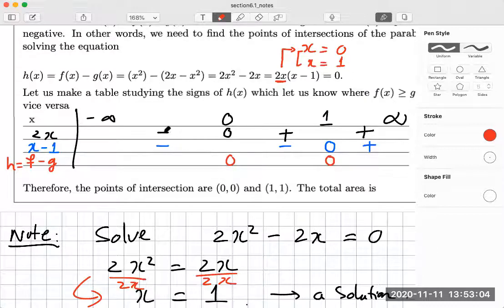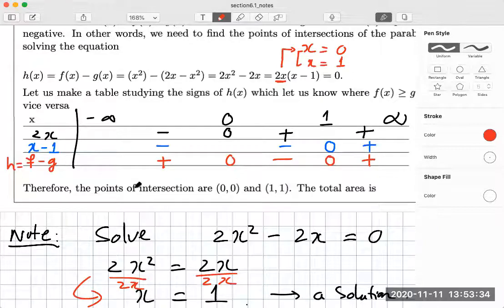Very good. Then negative times negative, the product of these two gives us a positive, and negative, and then positive. Okay? What does it mean? Very good. In the interval from negative infinity to 0, the difference is positive.